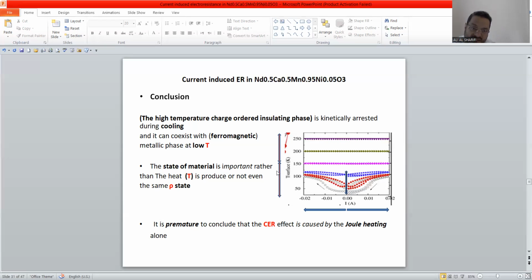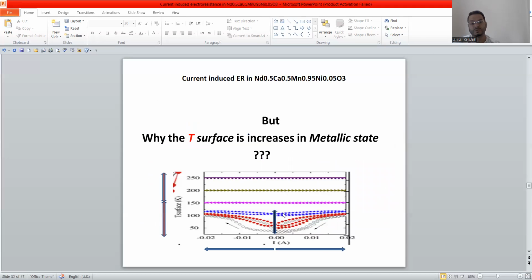Now we can say the state of the material is important, because from the kind of state we can know whether the temperature will change or not. And we can say it's early to conclude that the current-induced electric resistance effect is caused by Joule heating alone. Here we have a good question, but unfortunately I couldn't find the answer in this article.